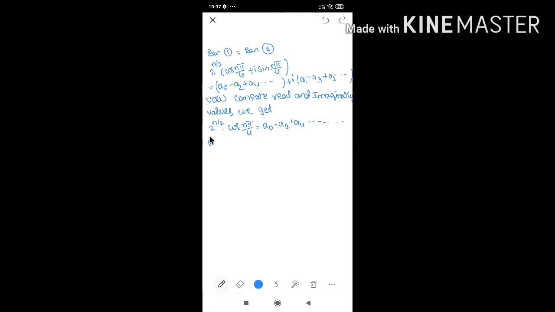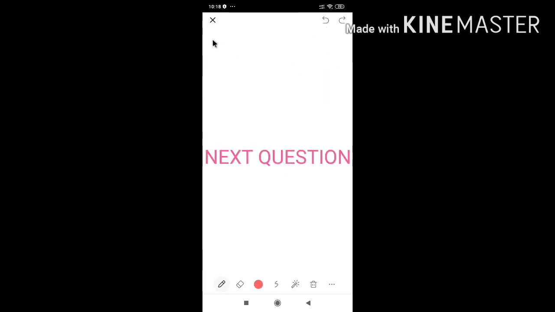Second, imaginary value comparison, 2 to the power n by 2 sin n pi by 4 is equal to a1 minus a3 plus a5 like so on. This is the answer. This question is most important and frequently asked, but everyone has to practice this question.